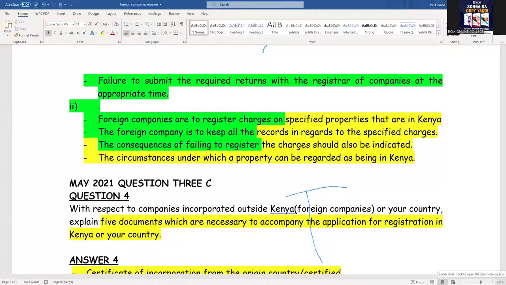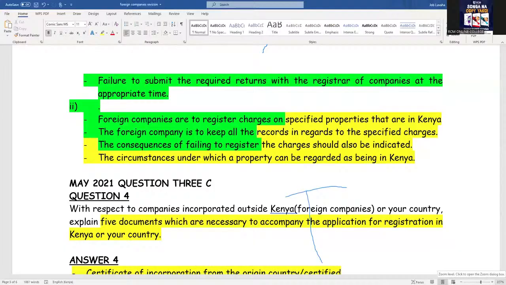Then records in regards to the specified charges. If there are, for example, beneficiaries, and the date upon which the charge was created, all these particulars have to be captured in the document for registration of the charges.